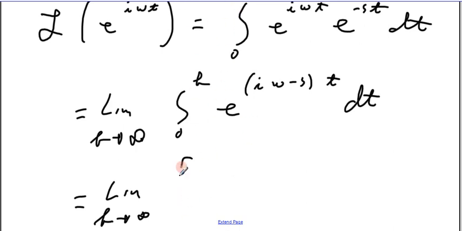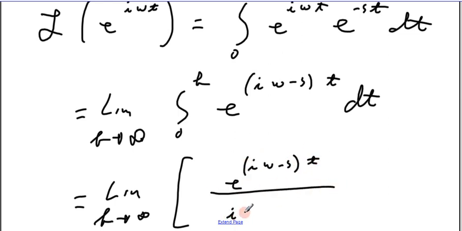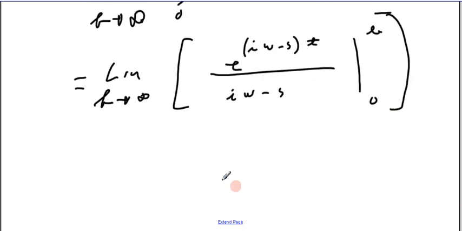Okay, e to the (i omega minus s)t divided by (i omega minus s) evaluated at 0 and b. Okay.